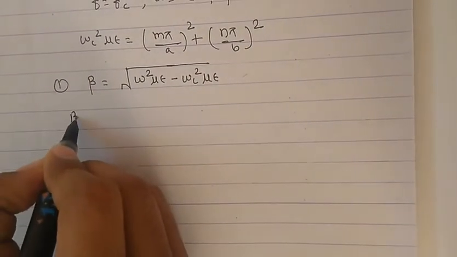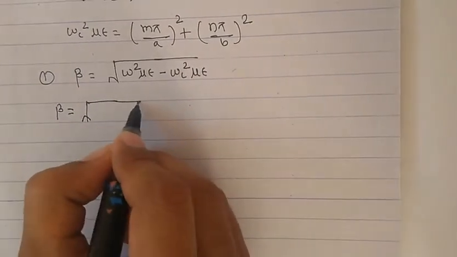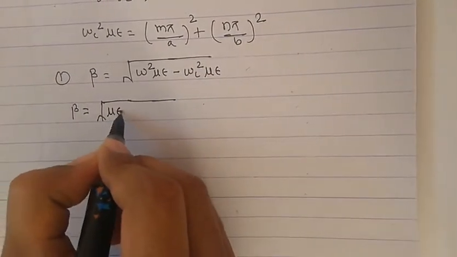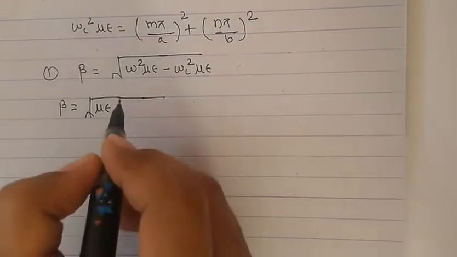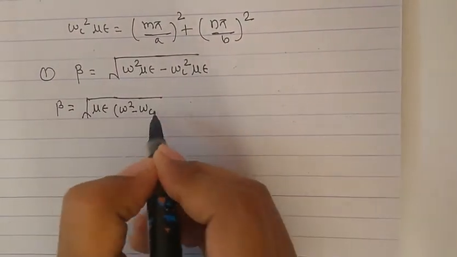So we can write beta equal to the square root of mu epsilon, taken common, times omega square minus omega c square.